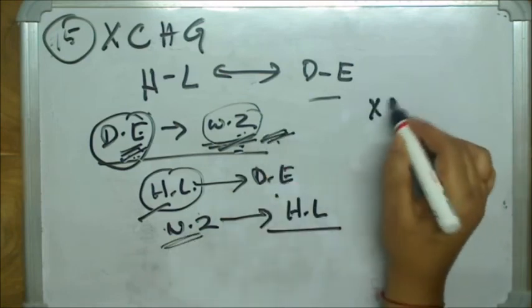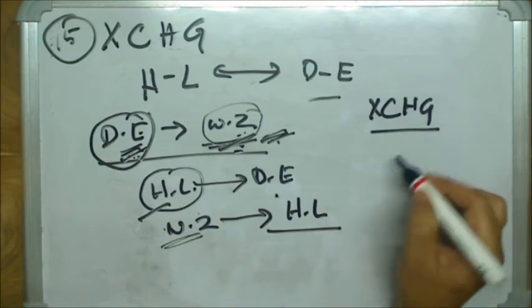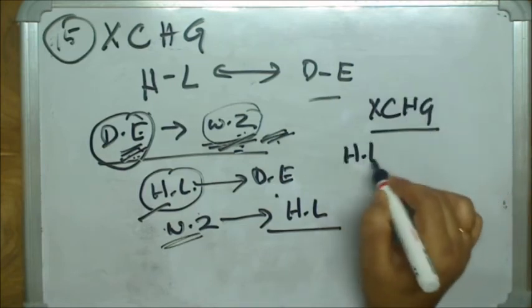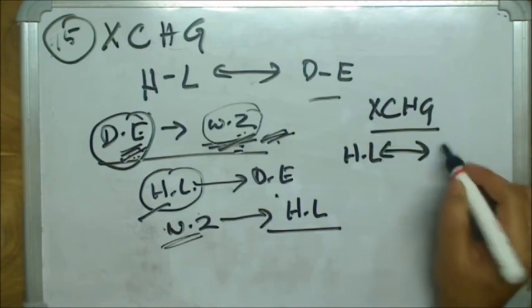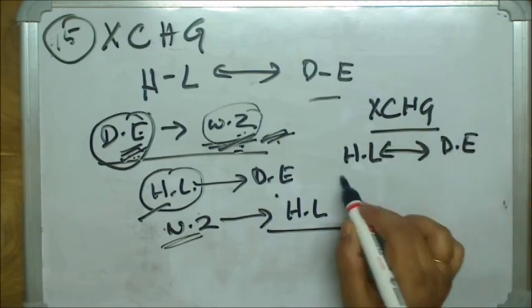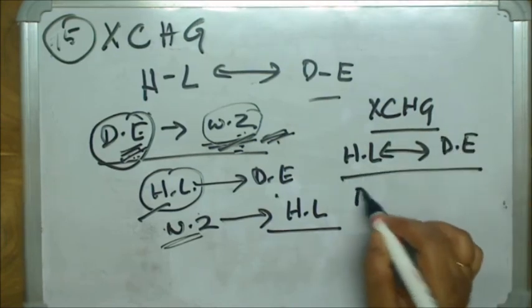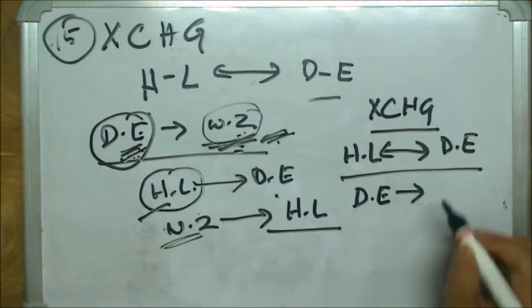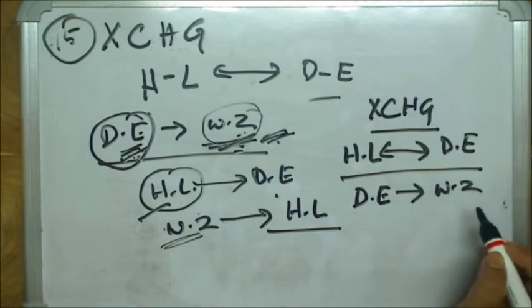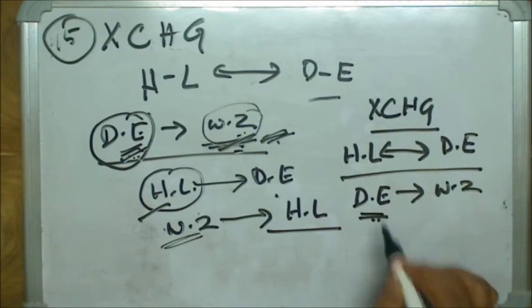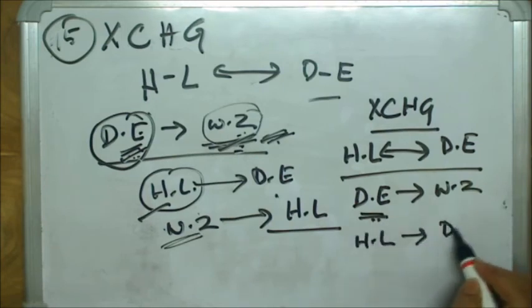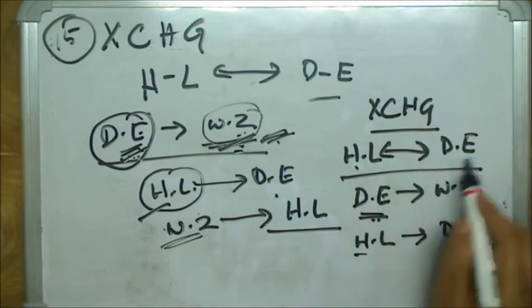Again I am repeating, the exchange instruction. When you write exchange, the content of the HL pair will be interchanged with the content of the DE pair. How? The content of the DE pair will get loaded in the WZ register. So the DE pair is now empty. Then the content of the HL pair will get loaded in the DE pair.